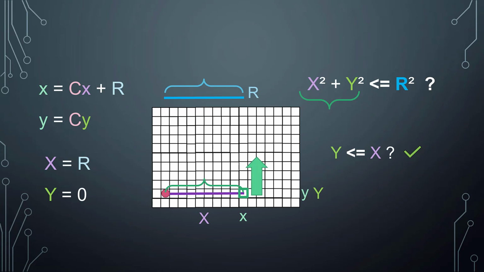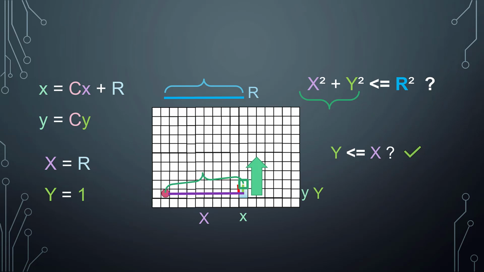Notice that because we're only using that to test if we're on the circle or not, and not taking the actual measurement, we can get away without having to take a square root. So it's just taking the square and comparing. And if it is less than or equal to r, if we're still roughly on the circle, then we put a pixel there, and we increment our y's to be going up.